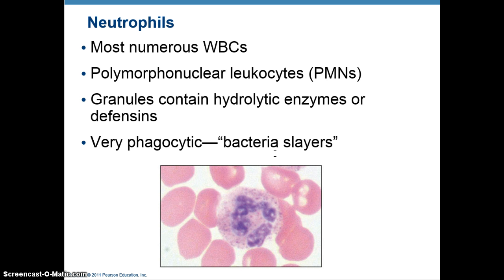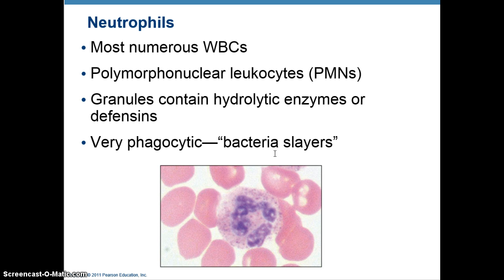So the first granulocyte that we are going to talk about is the neutrophils. They are so named because there is a neutral pH stain that the granules in a neutrophil tend to absorb. So that's where the name neutrophil comes from. They like the neutral stain.